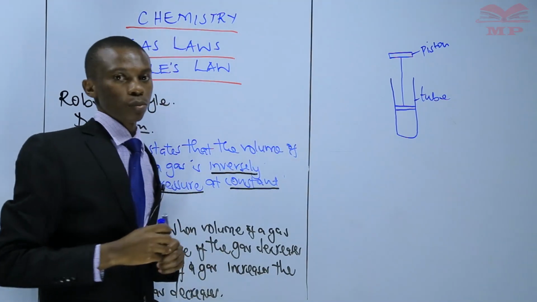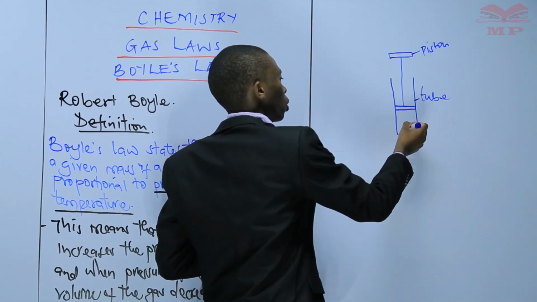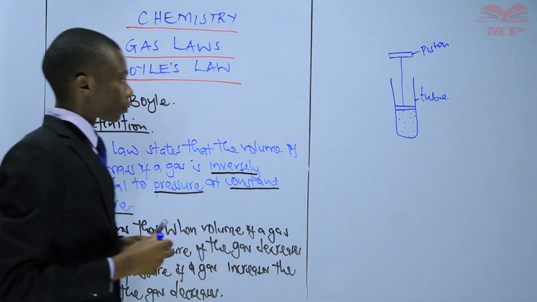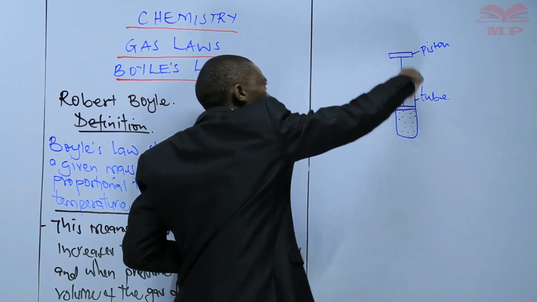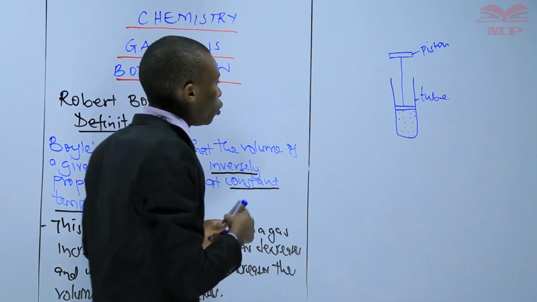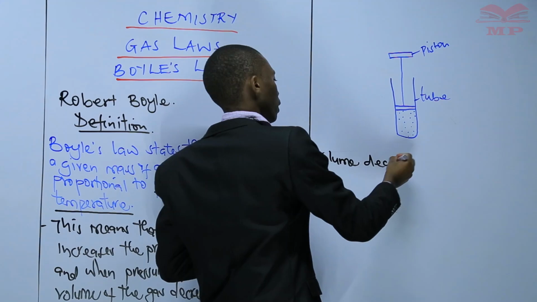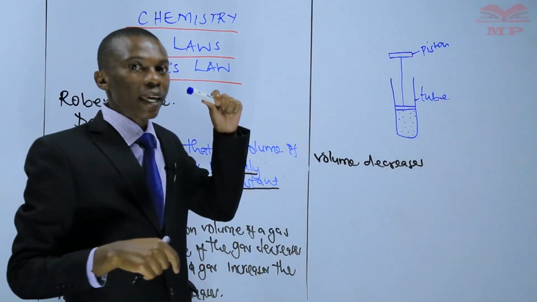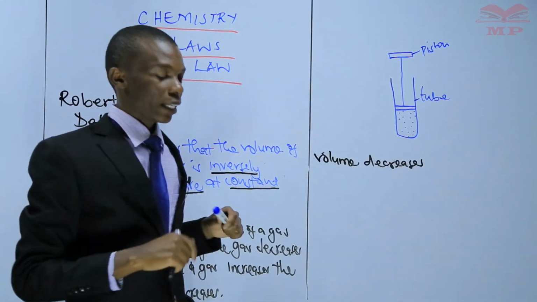Inside my tube, there is air inside. So there are particles of air which are inside my tube. When I press this piston downwards, it means, one, the volume decreases. The volume of the air particles inside my tube will decrease.